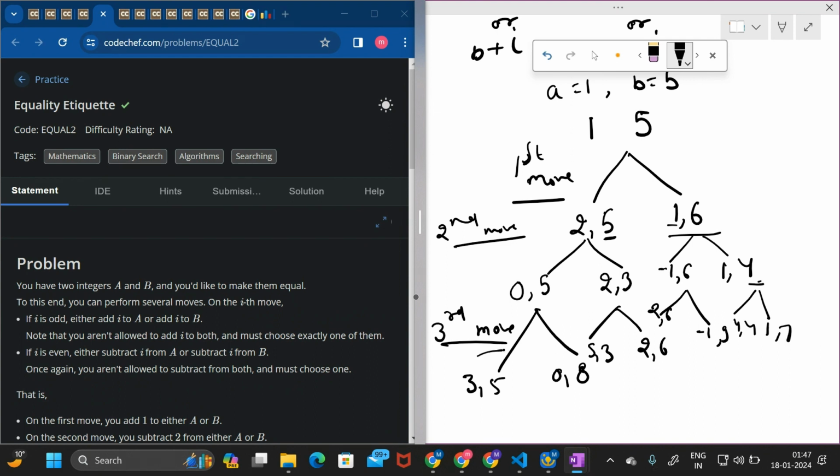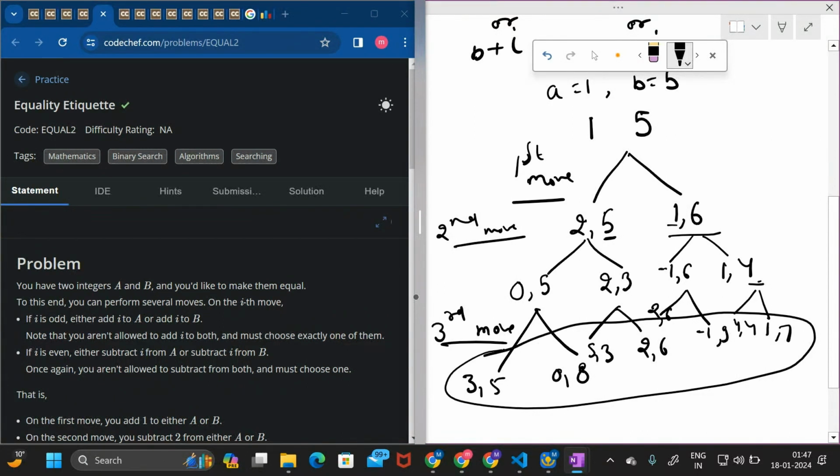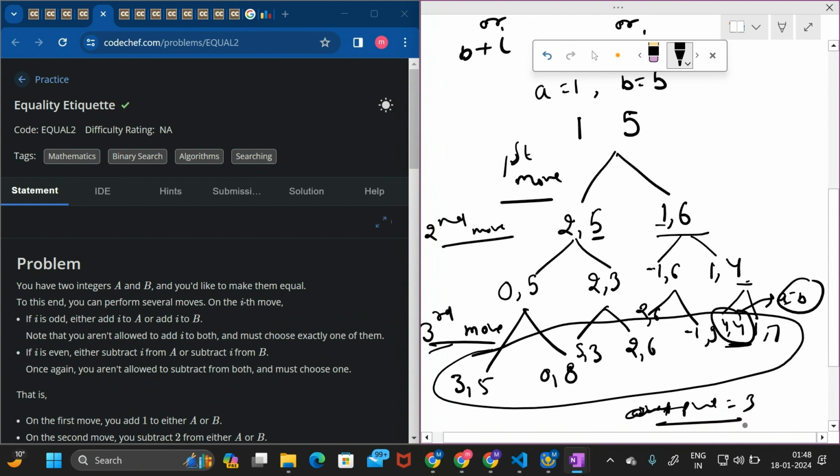So in all these cases, we see that 4 comma 4 in the third move, both numbers become equal. So in three moves we can equalize both numbers, and our output is 3.